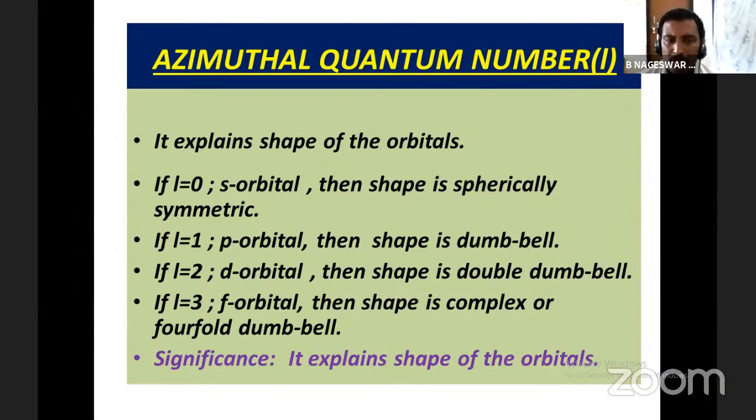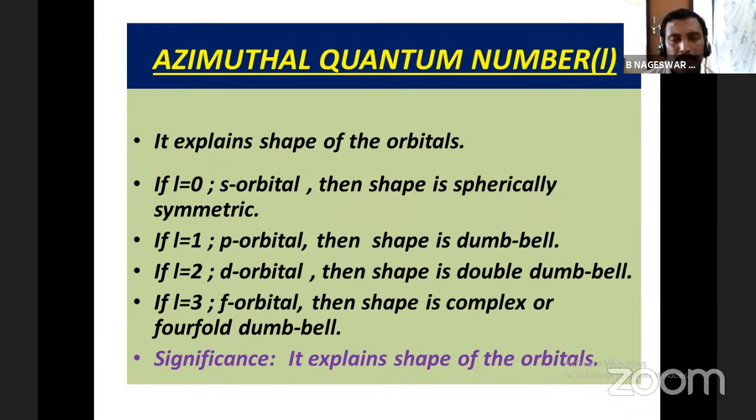Okay. Suppose we want to know the shapes. The shape of the s orbital is spherical. The shape of the p orbital is dumbbell. The shape of the d orbital is double dumbbell. The shape of the f orbital is complex or fourfold dumbbell. Children, you have to remember always to write all these letters as small letters only.